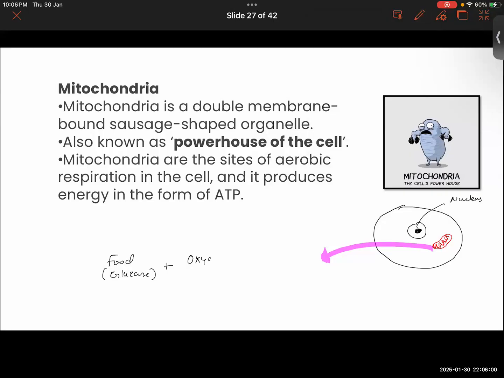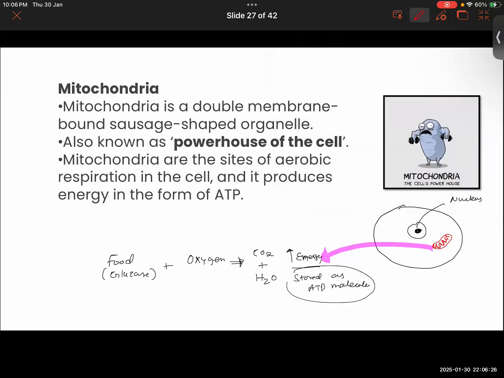So with the help of oxygen, aerobic respiration takes place in most of the cells, and in the process, carbon dioxide plus water is given out, and there is a release of energy. And the energy that is released is stored as ATP molecules.